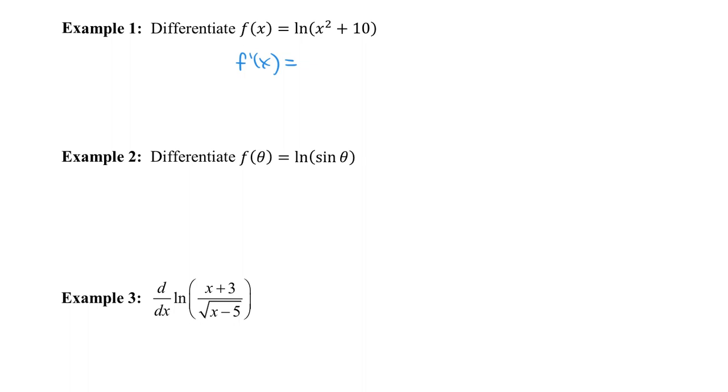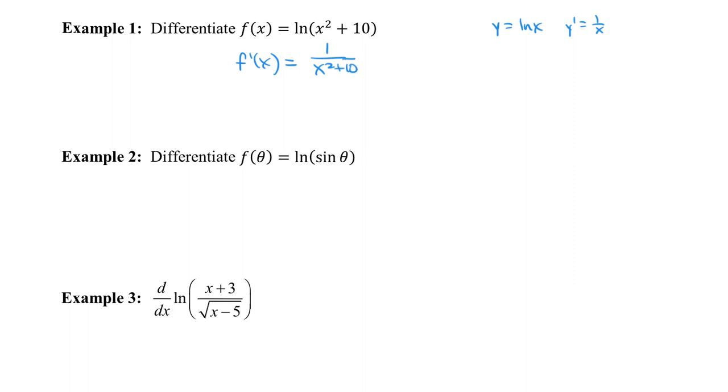So basically, the answer is going to be 1 over whatever this argument is, right? So let me just make an easy example. If y equals natural log of x, y prime is 1 over x. So 1 over the input or the argument, right? So the derivative here is going to be 1 over x squared plus 10.